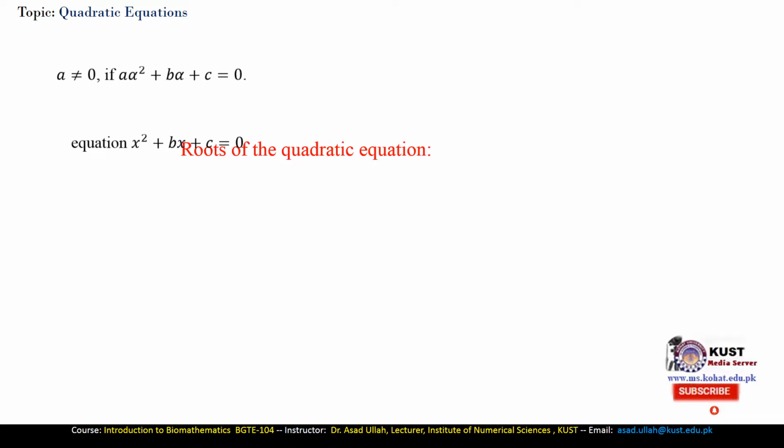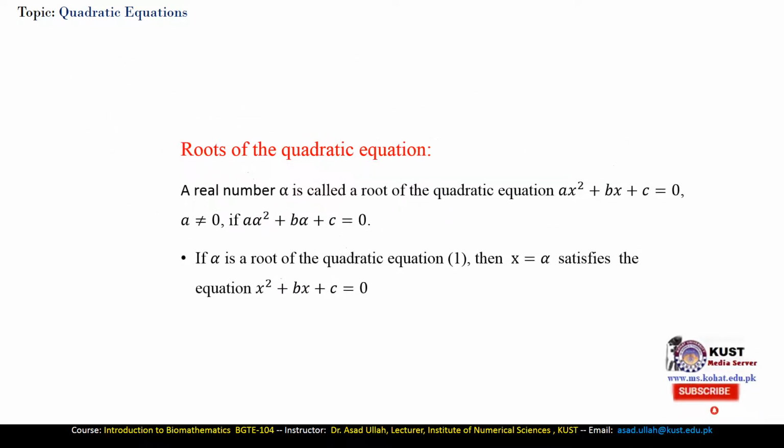Roots of the quadratic equation. A real number alpha is called a root of the quadratic equation ax square plus bx plus c is equal to 0, provided that a is not equal to 0, if a alpha square plus b alpha plus c is equal to 0. It means that alpha will be the root of this equation.